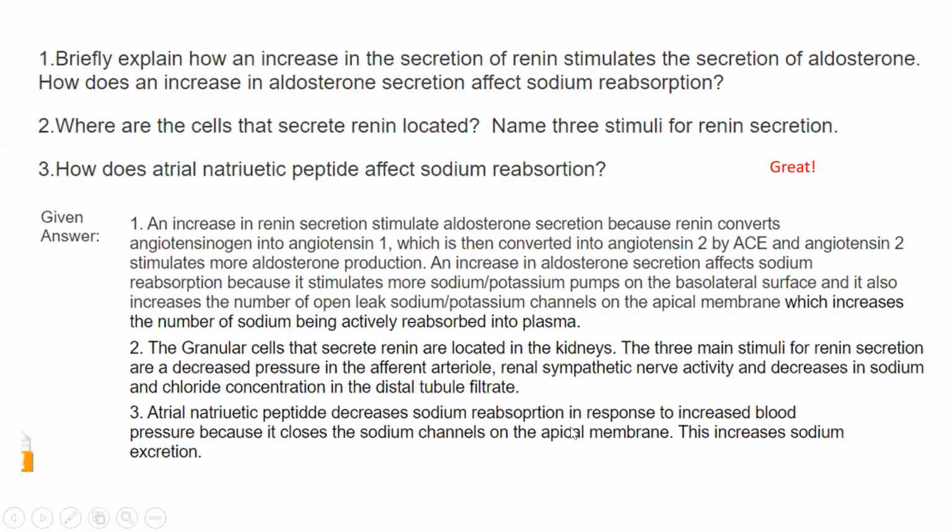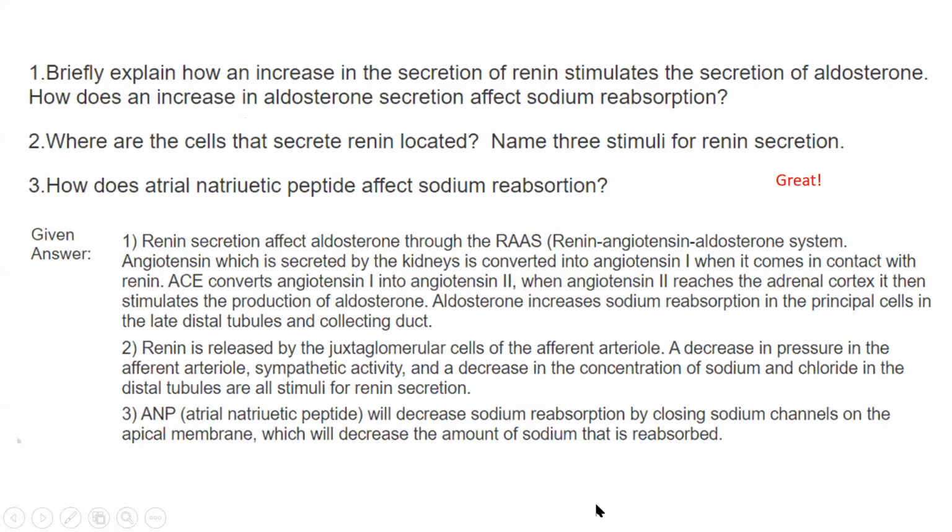ANP decreases sodium reabsorption in response to increased blood pressure, that's correct, because it closes those sodium channels on the apical membrane, right? So this is really the crux of the answer. It's going to close those leak channels on the apical surface, so sodium cannot get from the tubular fluid into the tubular epithelial cell, and so it cannot be reabsorbed. Okay, it's going to be excreted in the urine.